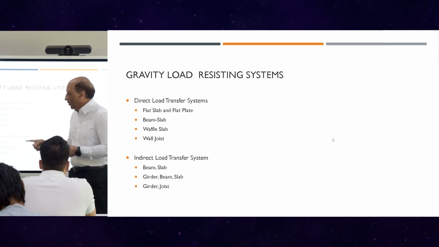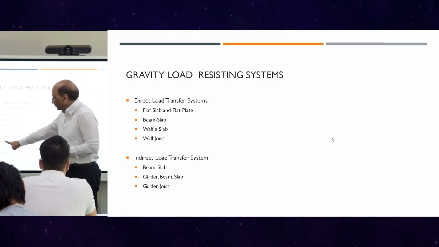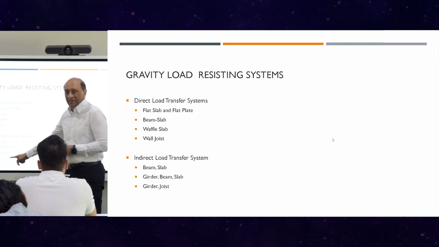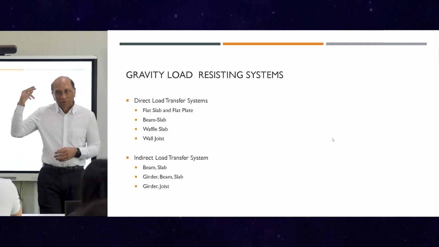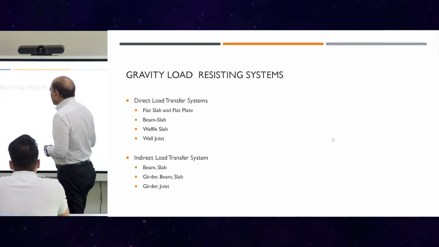So this comma and dash is very important. We have the beam-slab system, and we have beam, slab, or girder, beam, slab, or girder and joist systems. These are the steps taken by the assumed load transfer mechanism. So we will go through these today.